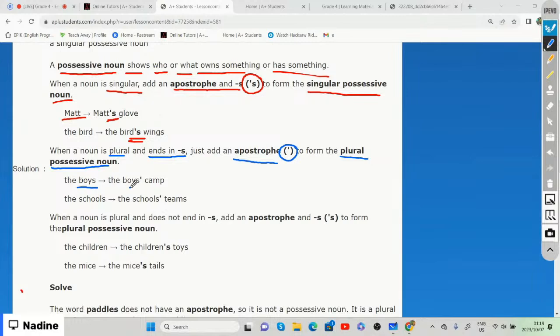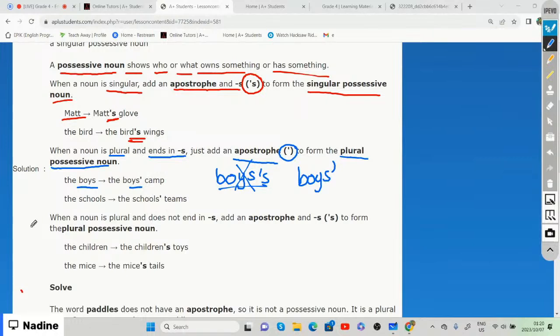And there you can see we did not say boys's, right? That is not correct. All you do is, there's the word boys, so you just add an apostrophe at the end, like it is over there. So now it refers to the boys' camp, right?